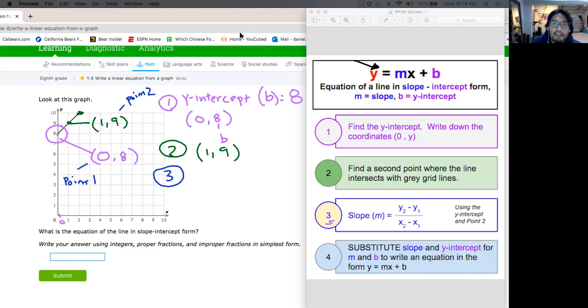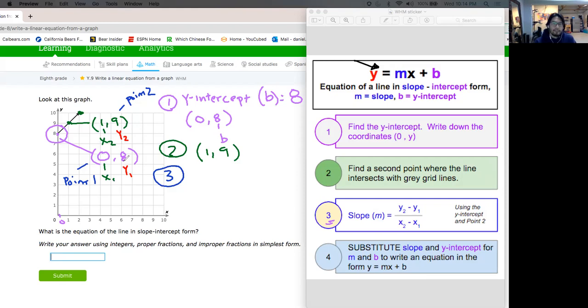The y coordinate of point 2 is 9, and the y coordinate of point 1 is 8. So I'm going to mark those as y2 and y1. And then the number 1 is my x coordinate for point 2, and the number 0 is the x coordinate of point 1. So that's x2 and x1.